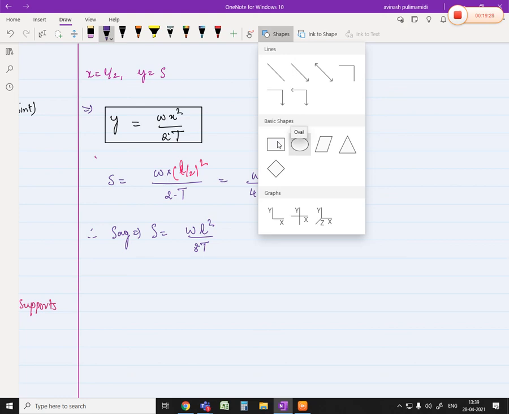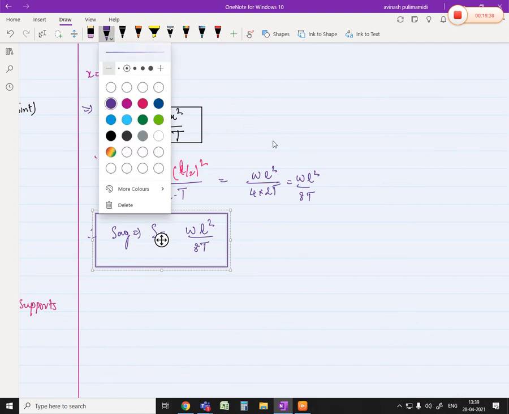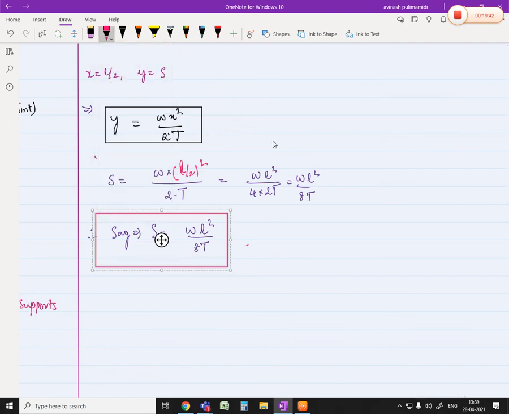Hope you understood here. So this is very important. The unit for this sag will be in meters.